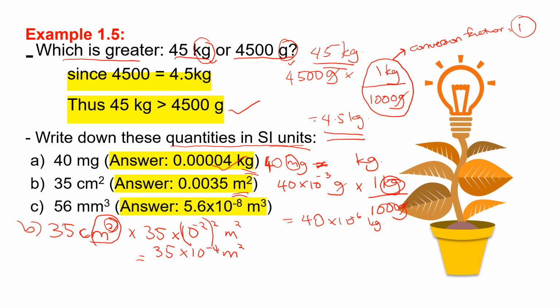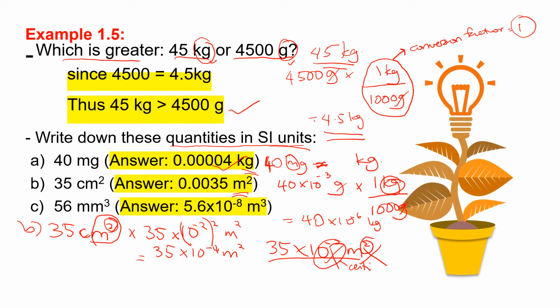Kalau awak buat yang ini, 35 darab 10 kuasa negatif 2, maknanya dia adalah salah. Ini tidak melambangkan senti bila meter square kat sini ada.